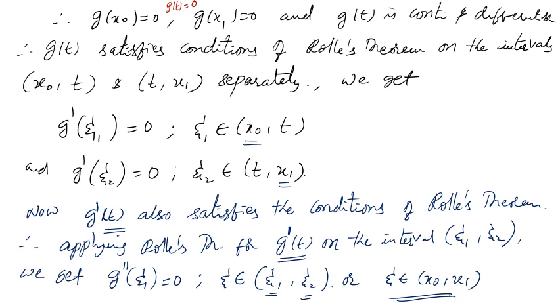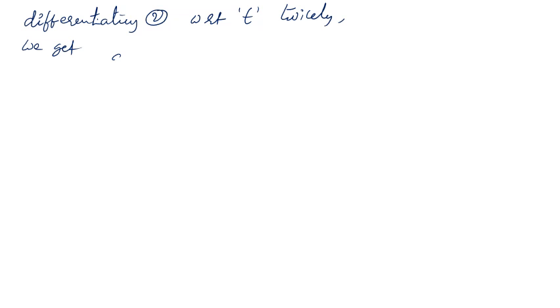Now, to get the double derivative, differentiating twice with respect to t from the g of t expression, we get g double dash t is equal to f double dash t minus 2 into [f of x minus p of x].